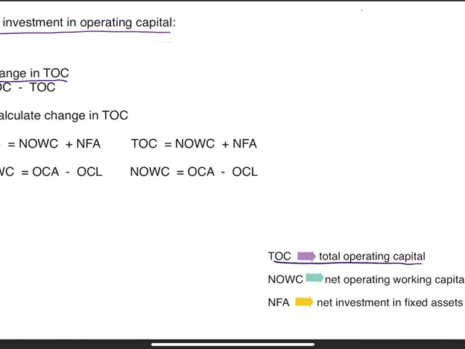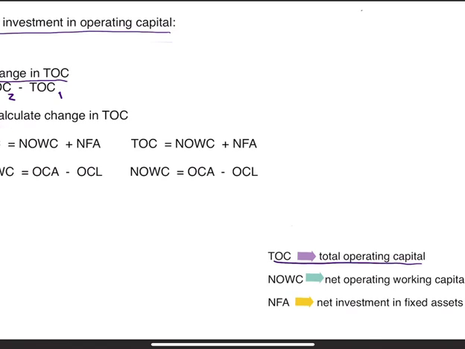And to find that, the change in TOC is going to be the TOC from the most recent year minus the TOC from the previous year. Okay, so how do we calculate a change in total operating capital? Well, we have all of these acronyms here that we're going to discuss.